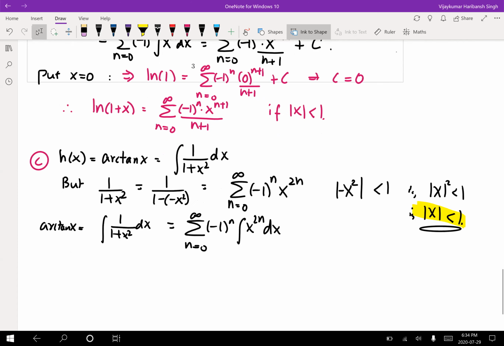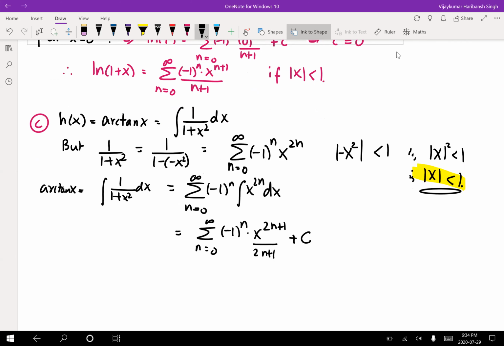So now if I write this, this is going to be summation n equals 0 to infinity minus 1 to the power n x to the power 2n plus 1 divided by 2n plus 1, plus c. But now we need to find out what c is.